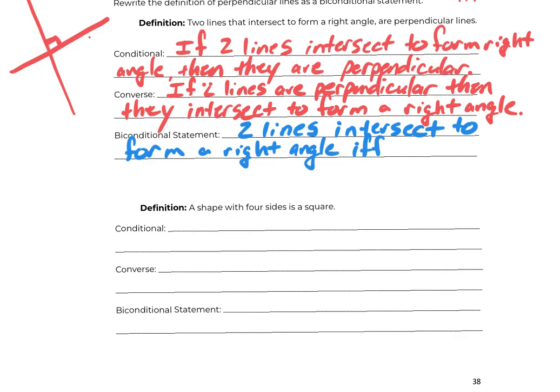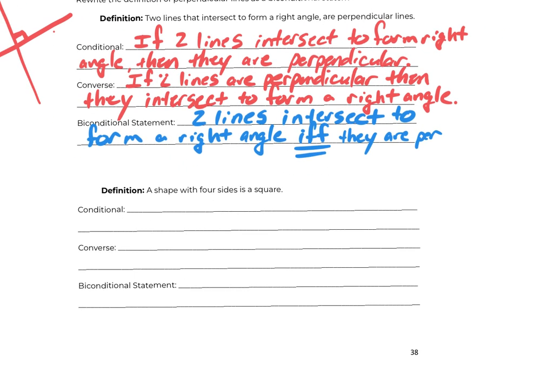if and only if, that's that new part right there, and I'm going to let you shorten it, IFF, if you want to. If you want to write out if and only if, that's fine, but I'm letting you shorten it if you want to, because we're all about doing some abbreviations here. If and only if they are perpendicular.